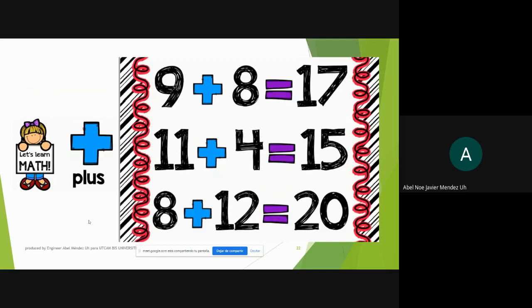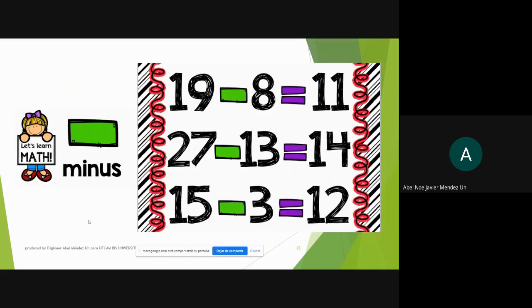And the last but not least, 8 plus 12 equals 20. Okay, very good. Let's continue.